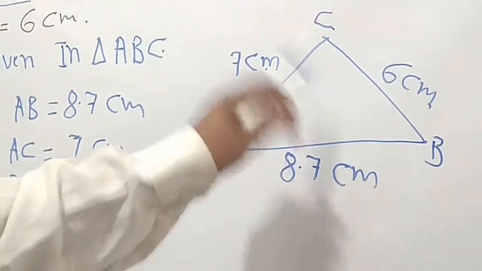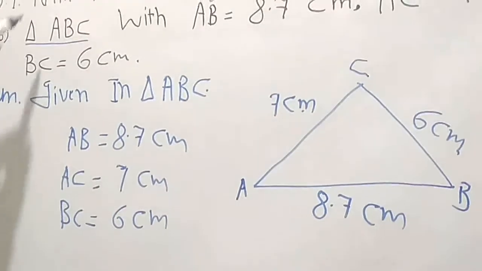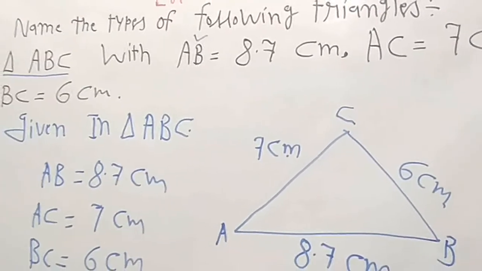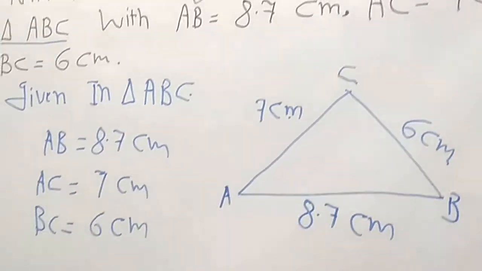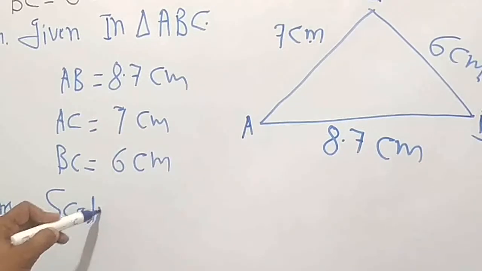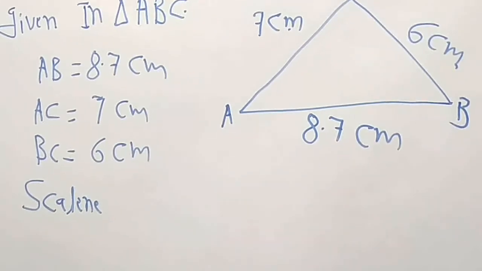It is 8.7, it is 7, it is 6. So the name of this triangle ABC is what? It is scalene triangle. Why? Because the measurement of all the three sides is different.